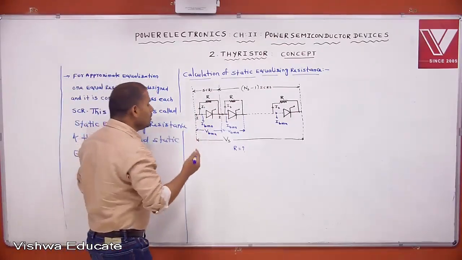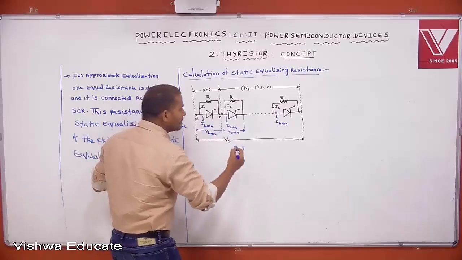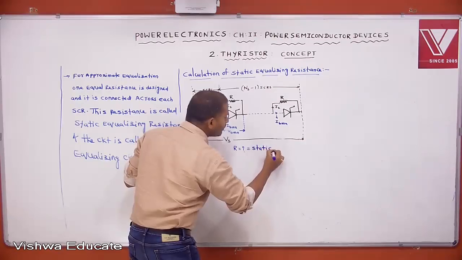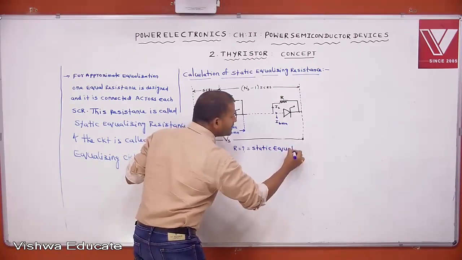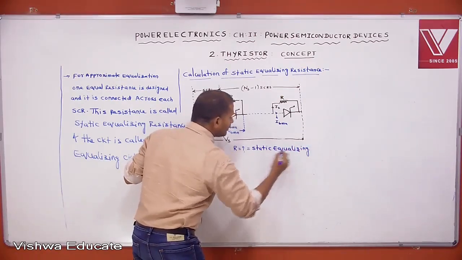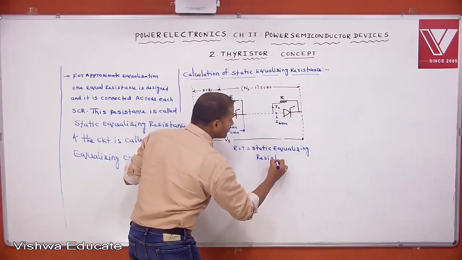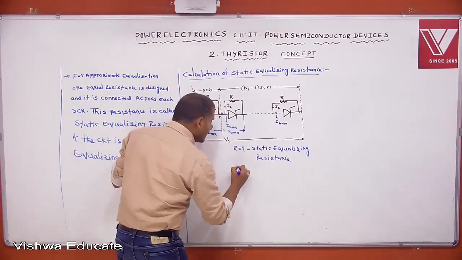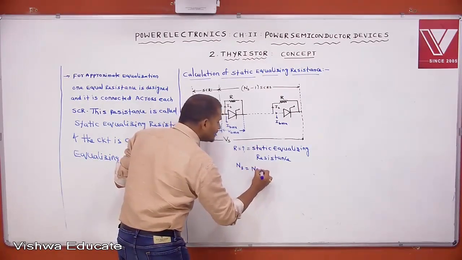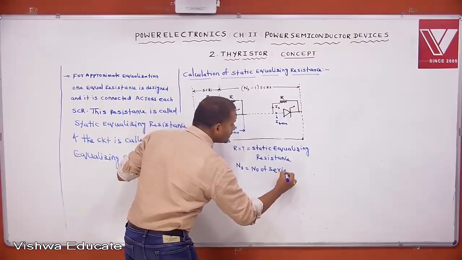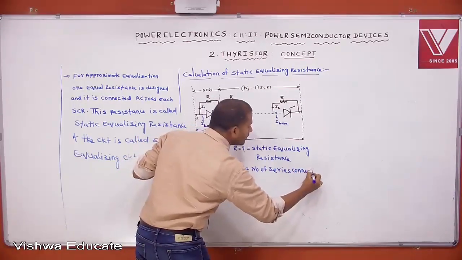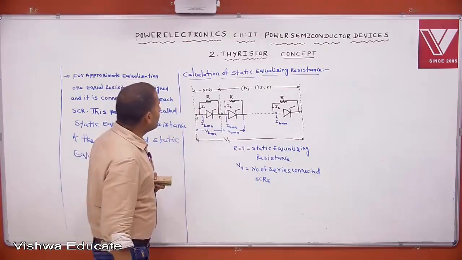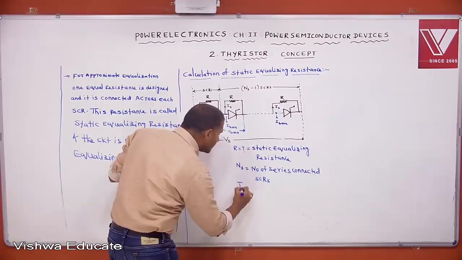Understood? Now first I want to represent all the terms here. What is R here? R is the static equalizing resistance. What is Ns here? Number of series connected SCRs. What is IBMX?